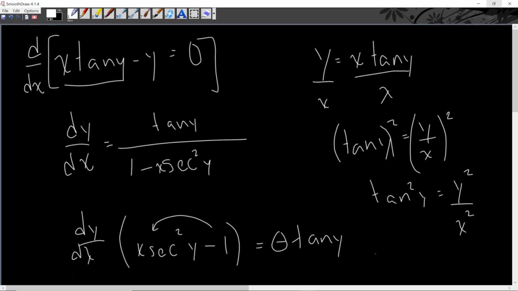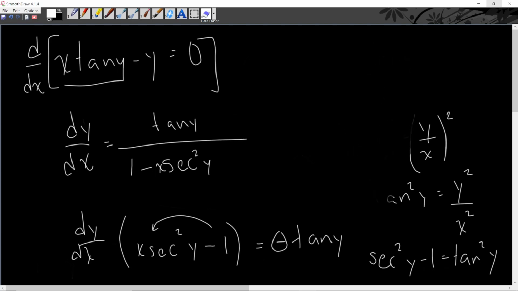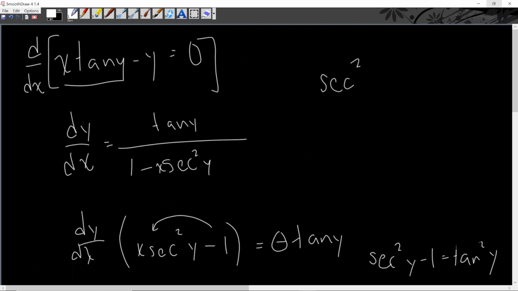And again, we said that secant squared minus 1 is equal to tan squared. So secant squared in this case is going to be equal to, well, I don't know why I wrote it like that.